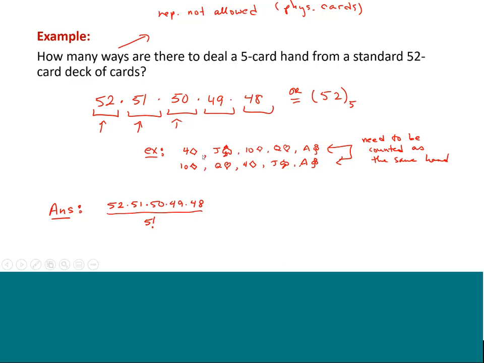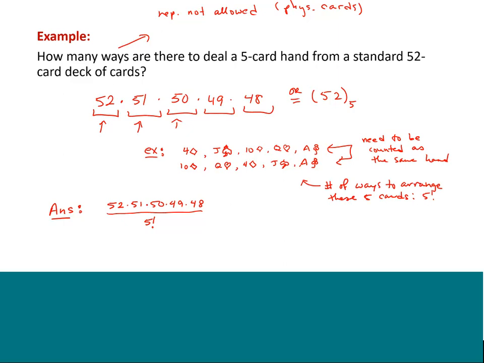You don't care about the order, so how many different ways are there to rearrange these same 5 cards? The number of ways to arrange or permute these 5 cards is 5 factorial.